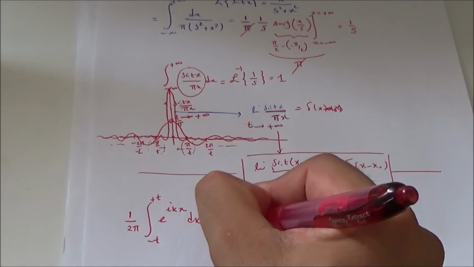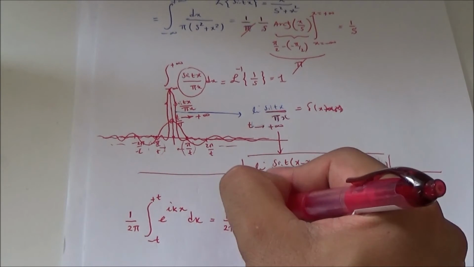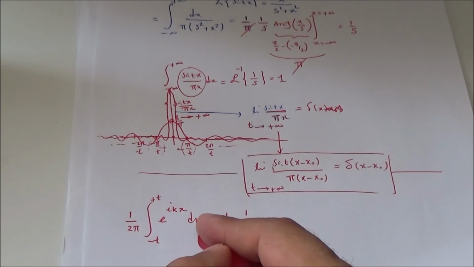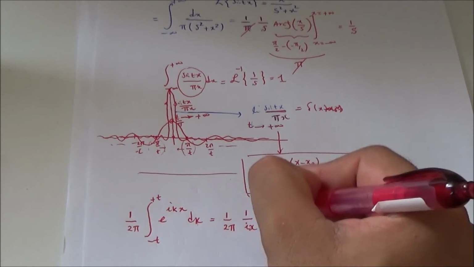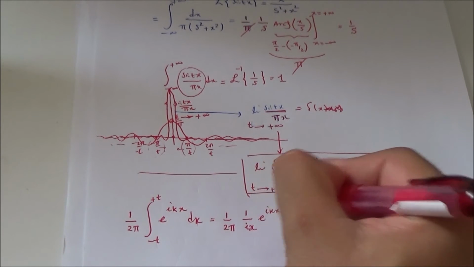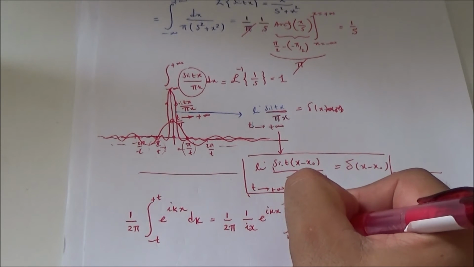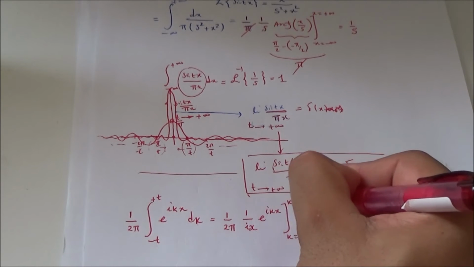This is really straightforward to calculate. So this is 1 over, the integral is with respect to k, so that this is ix exponential of i k x from k equal to minus t to plus t.